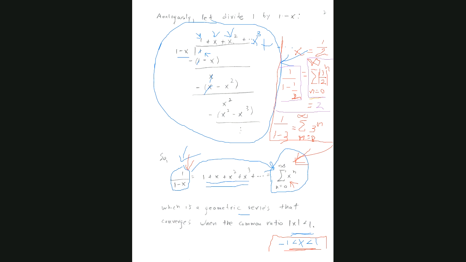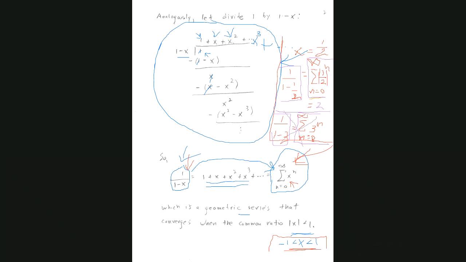Does 1 over 1 minus 3 equal that series? Josiah doesn't think so. Why not, Josiah? What can you tell me about this series? It diverges. Excellent. It diverges. So these are not equal.